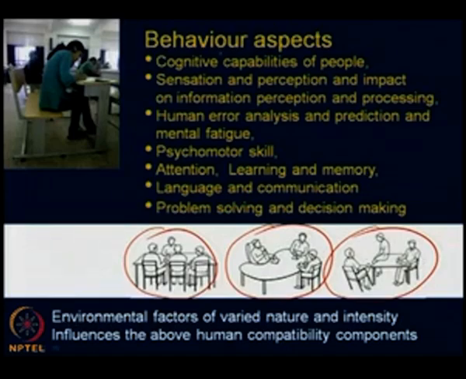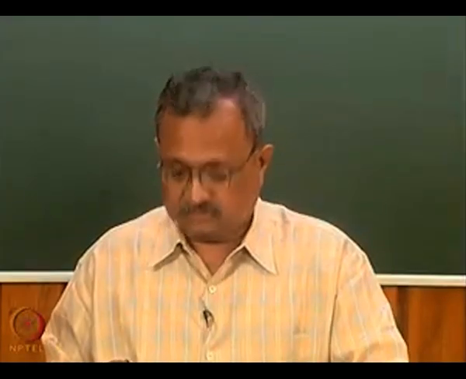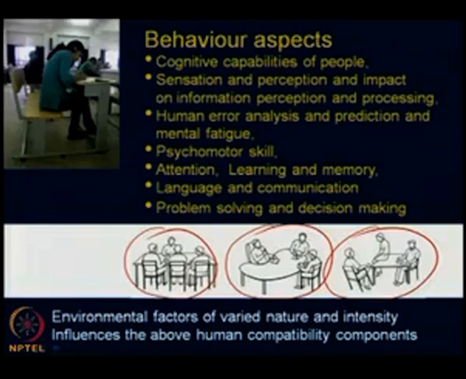Those things come with behavior as well as physical space and physical interactions also. Now, environmental factors of varied nature and intensity influence the above human compatibility factors.